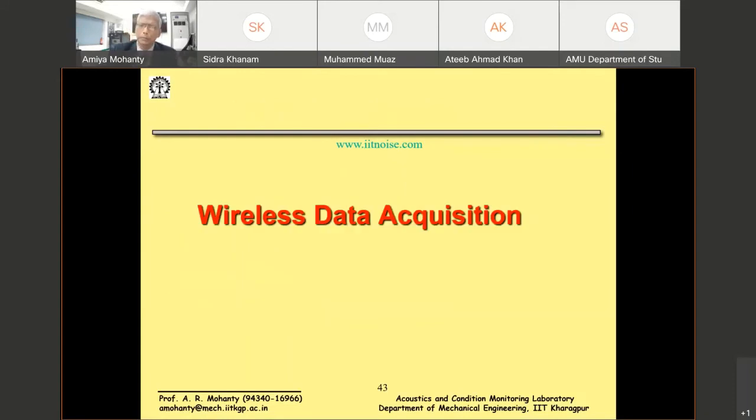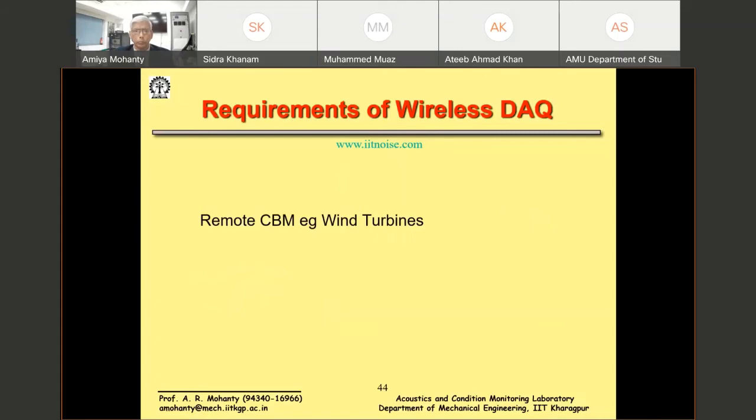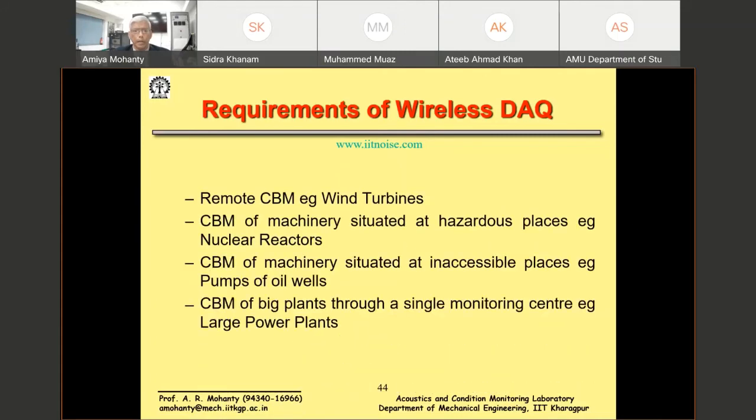So this brings us to the latest technique of wireless data aggregation. Because as I was telling you right in the beginning, today we are talking about wireless data aggregation. We need to capture data because I do not want to lose the phenomenon which is occurring in my machine. So wireless data aggregation can be used everywhere: remote monitoring of wind turbines, hazardous places like nuclear reactors, inaccessible far off places, large power plants.